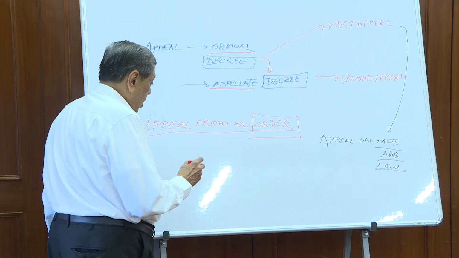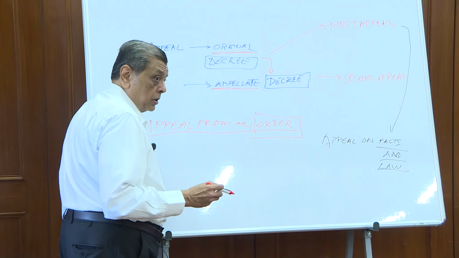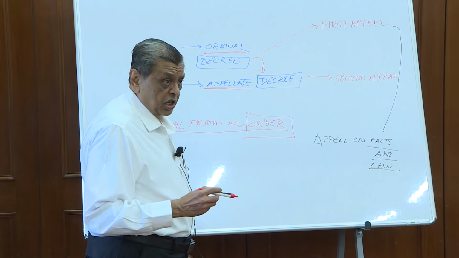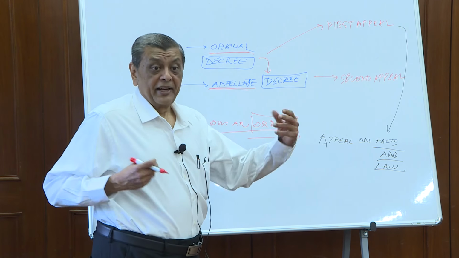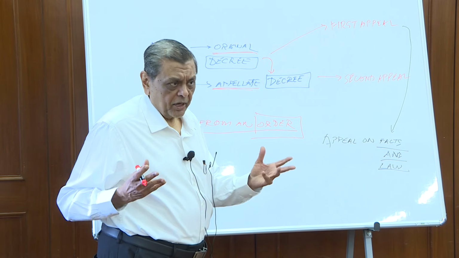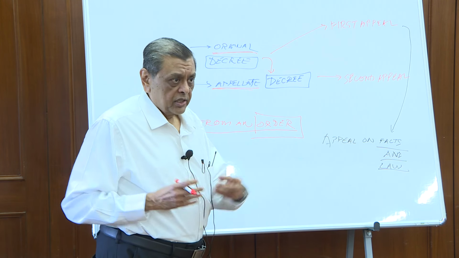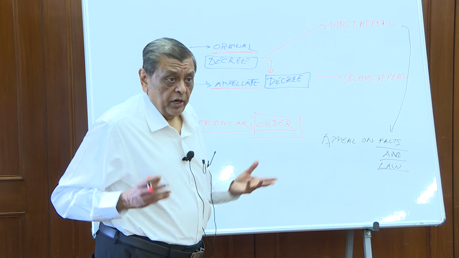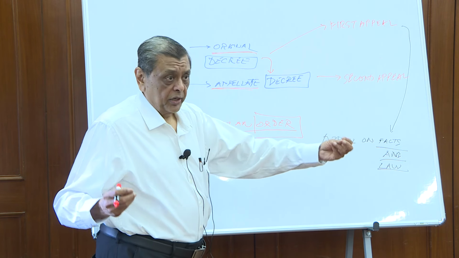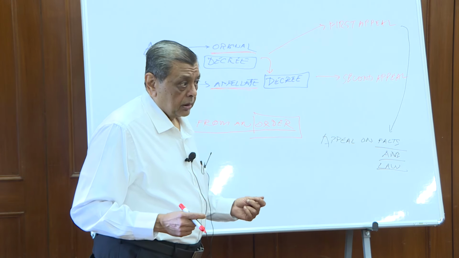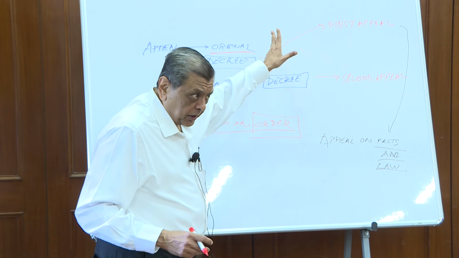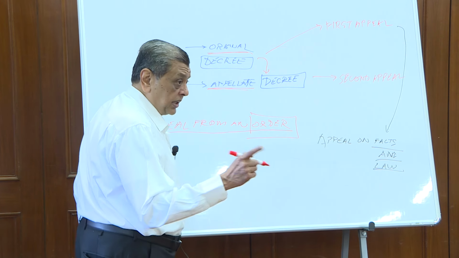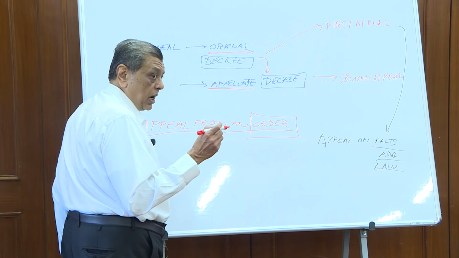Because the order is defined negatively as a non-decree, for want of a better expression. An order is a non-decree. There may be a judgment supporting the order, just as there's a judgment supporting the decree. But the order is everything that's not a decree. It's the default thing.